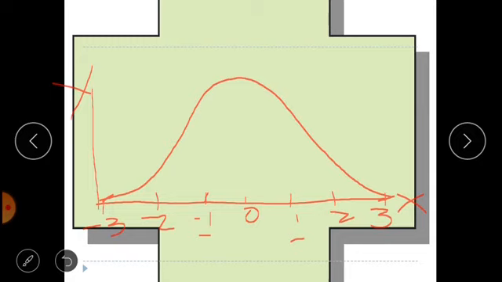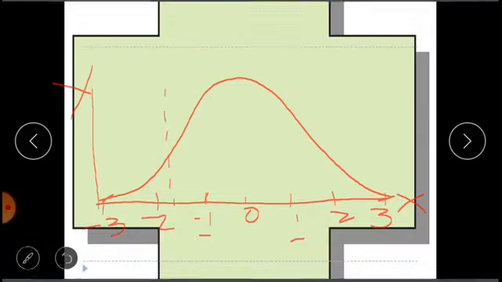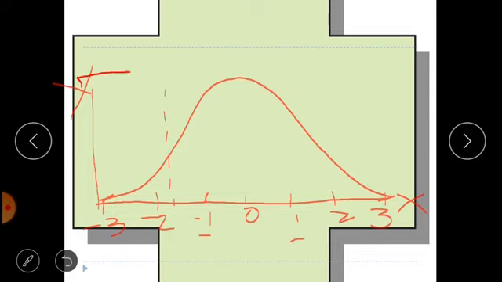Hanggang sa magiging negative 2. So, ito yung ating line nung ating orange. Okay, so ito yung ating orange na negative 1.6.